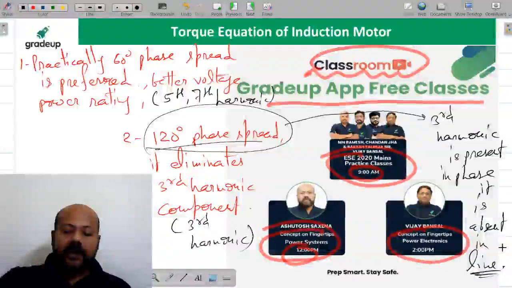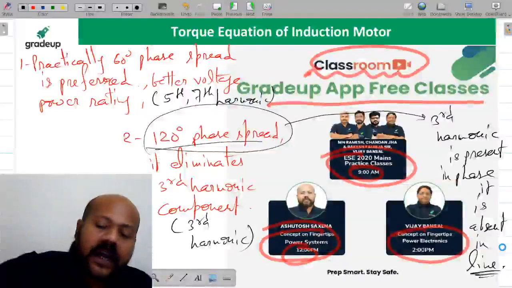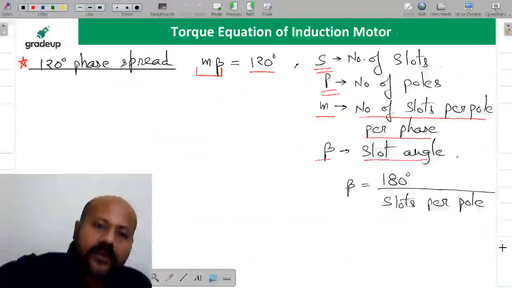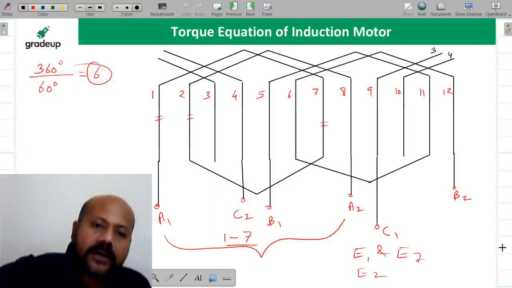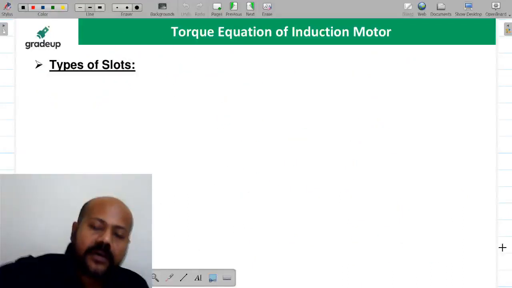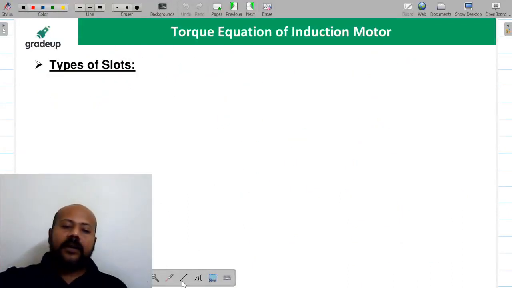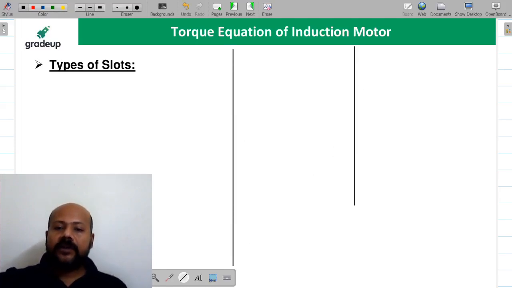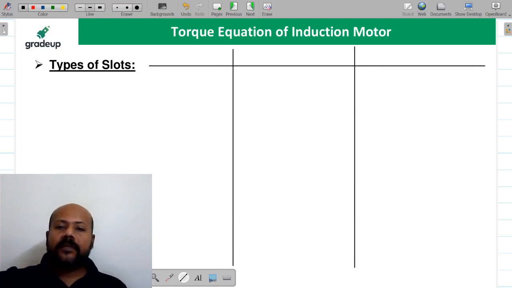Okay. So now let us see the types of slots you are going to use for your induction machine. If you generally see, there are 3 types of slots that are generally used for different machines. So we are going to discuss about them. First one, we are having open slot.